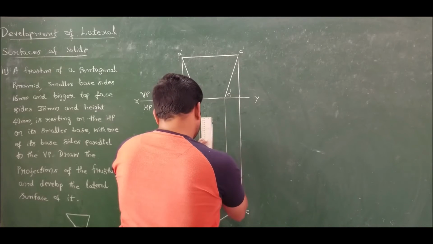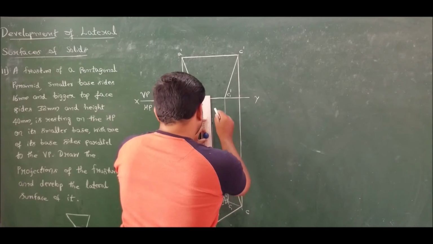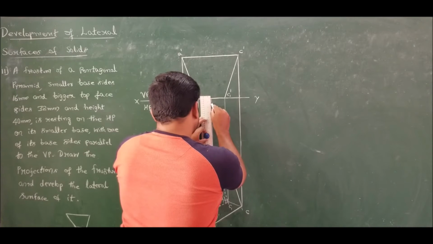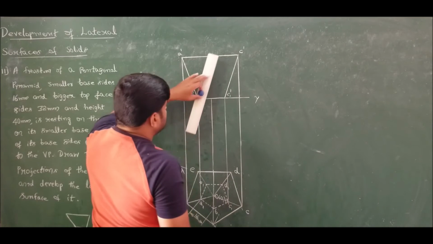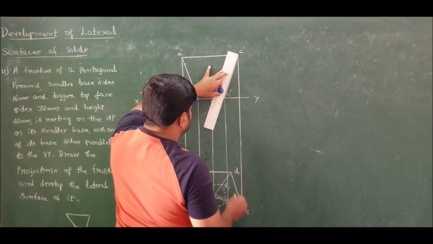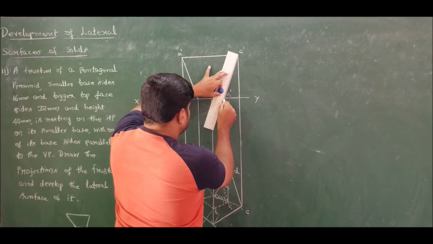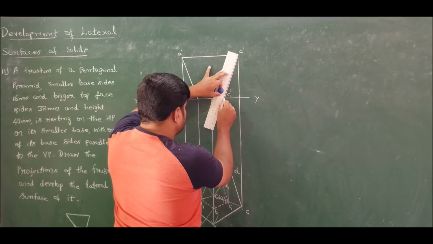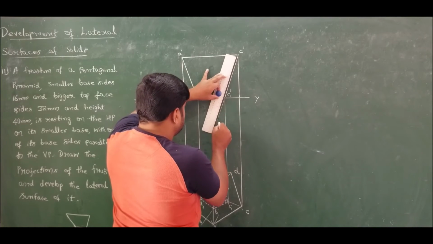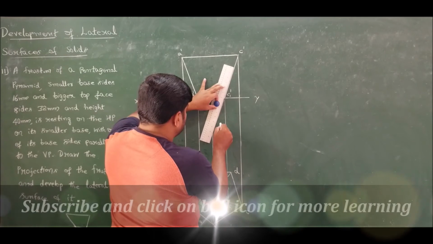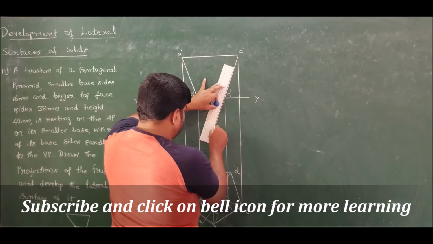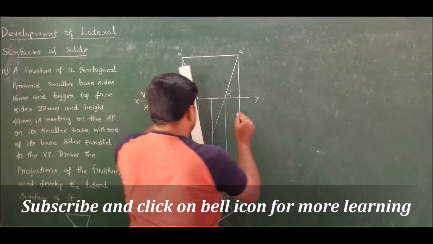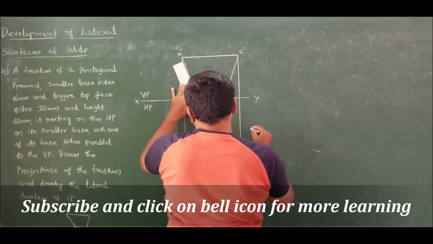So mark the apex point by projecting the axis of this problem. So I projected the axis. Now extend these two sides to get the apex. Similarly, extend this side to get the apex.